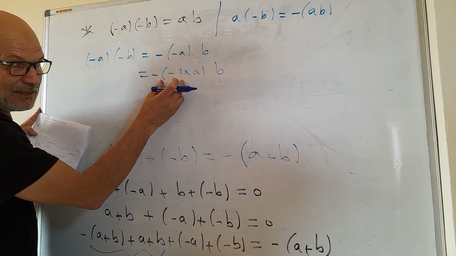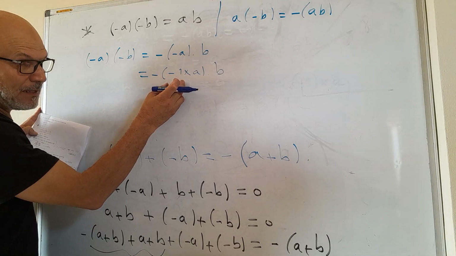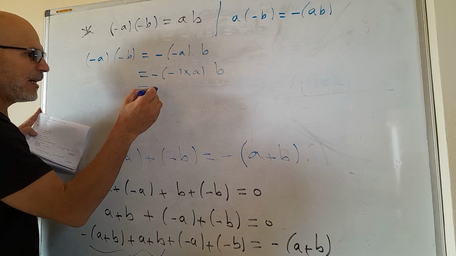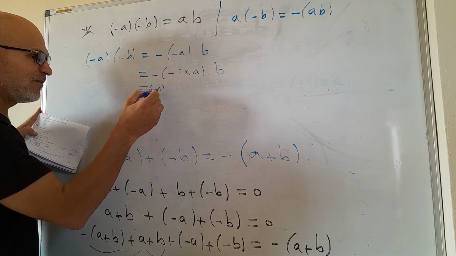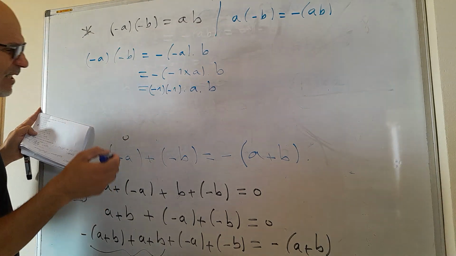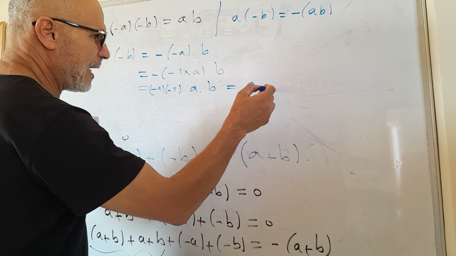Since it is associative, it will be equal to -1 times ab, which is equal to ab.